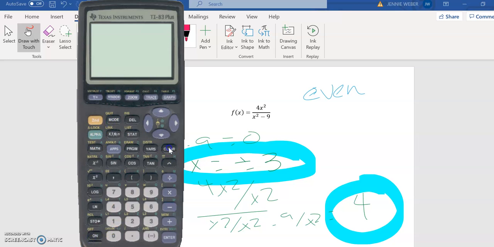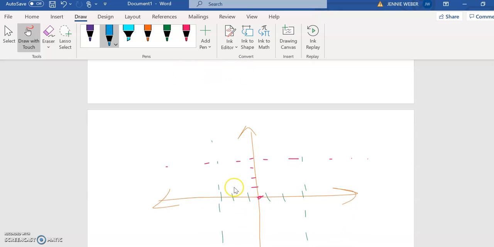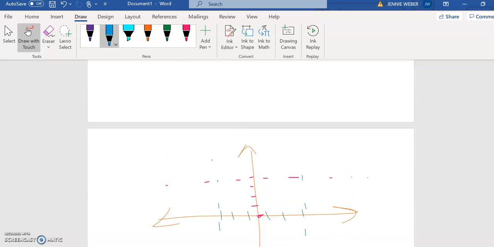So if I put in negative 5, I'm going to get 25 times 4, so 100 up on top, divided by 25 minus 9. So about 6, just over 6. So if I come down here and graph it, that was 3, 4, 5, and then this is 4, 5, 6. I'm right here. So now I know approximately what these graphs are going to look like.